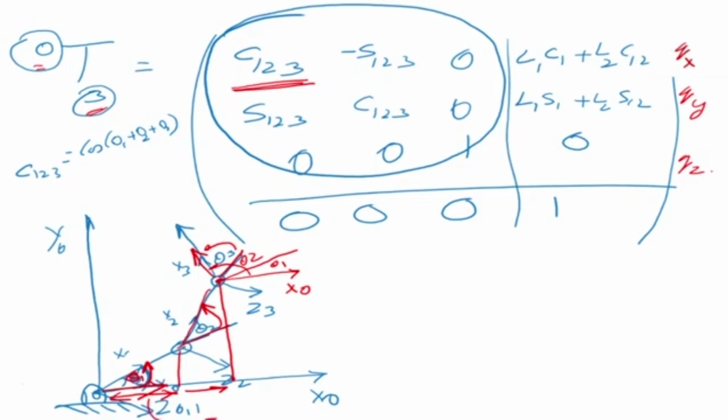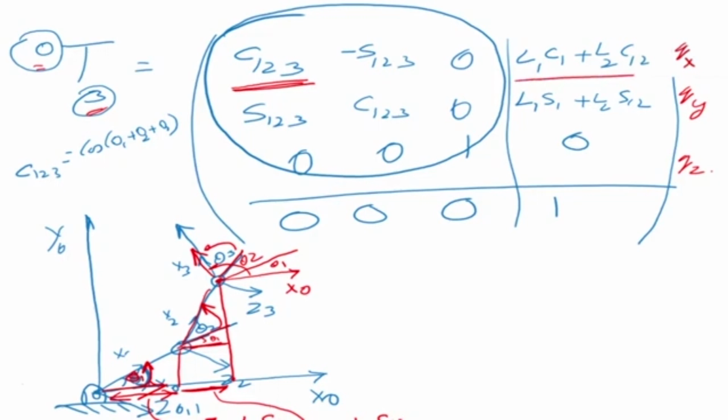So this distance is equal to what? It's L1 cos theta 1. This distance is equal to this distance, which is equal to this theta 1, right? So it is L2 cos of theta 1 plus theta 2, right? So this is giving us L1 cos theta 1 plus L2 cos of theta 1 plus theta 2.